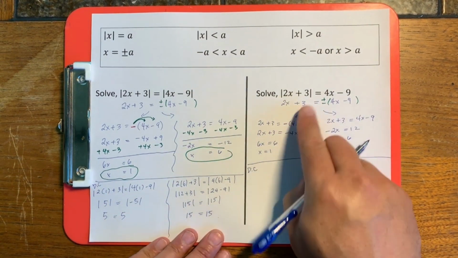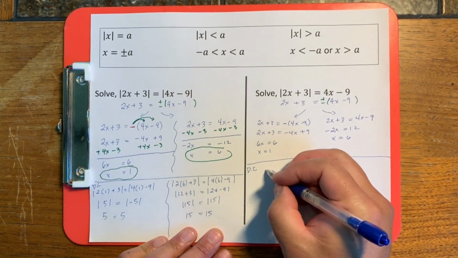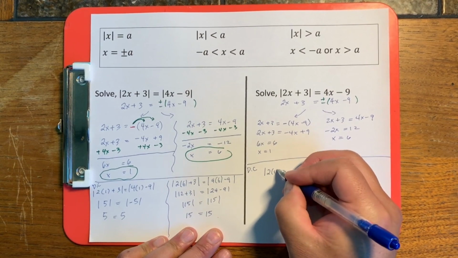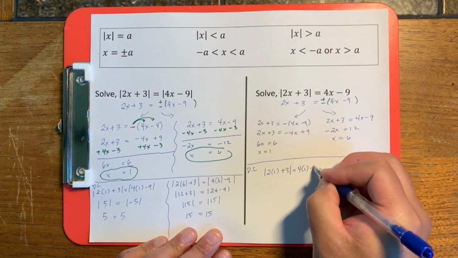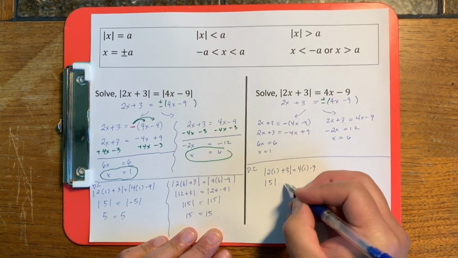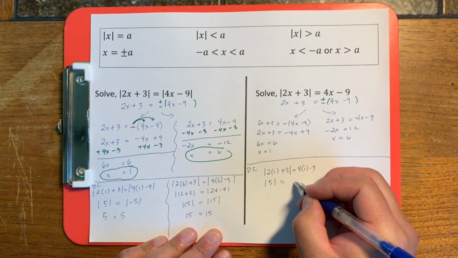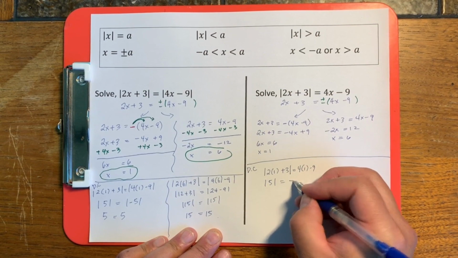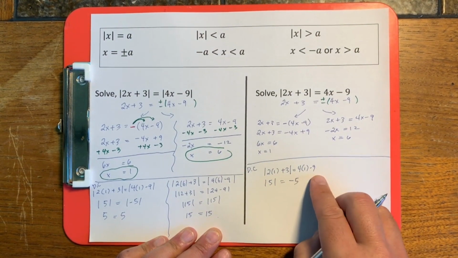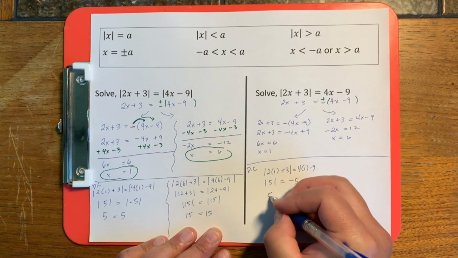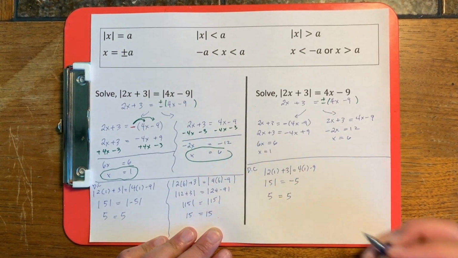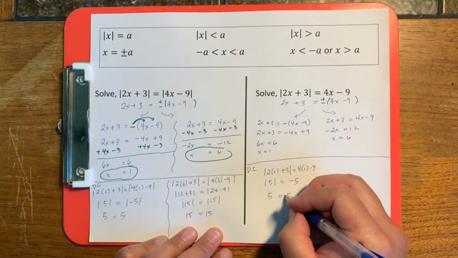When I plug this into here, I'll get 2 times 1 plus 3 is equal to 4 times 1 minus 9. 5 is equal to minus 5, right? 4 minus 9 is minus 5. When I take the absolute value of this, I get 5 is equal to negative 5.